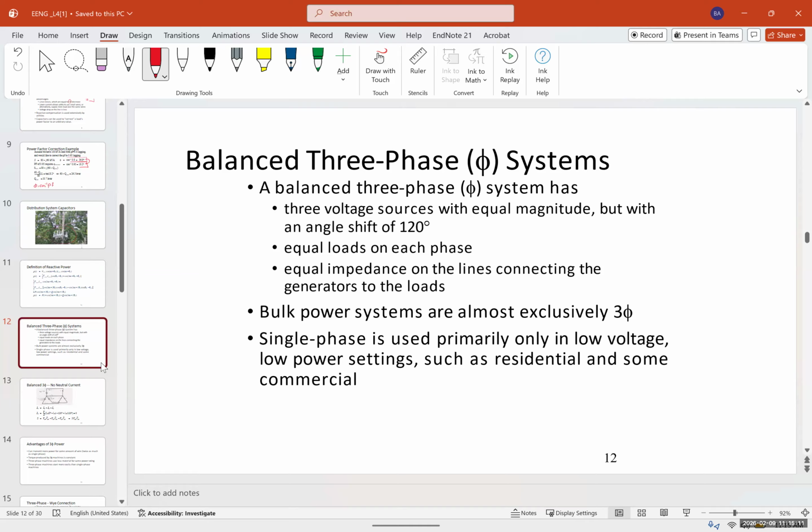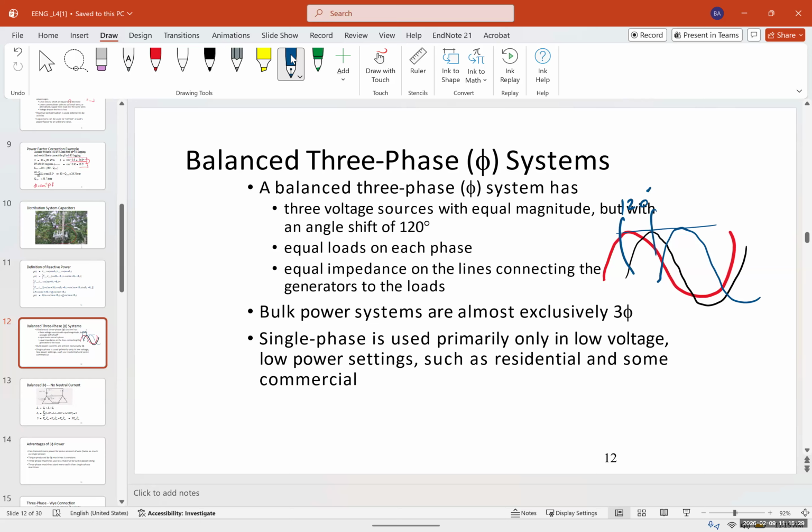You're familiar with this, this is just a reminder. We have three voltages with identical magnitudes, but with a 120 degree phase shift.